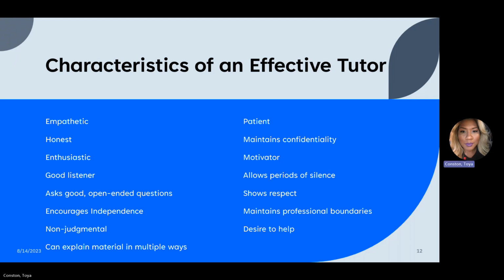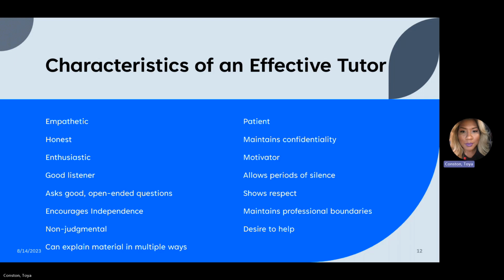You also have to express enthusiasm. If you're not enthusiastic about the learning, then 9 times out of 10, the student won't be either. This enthusiasm is expressed by showing up on time, being there consistently, having the expert content knowledge, exuding confidence while you're there in the sessions.